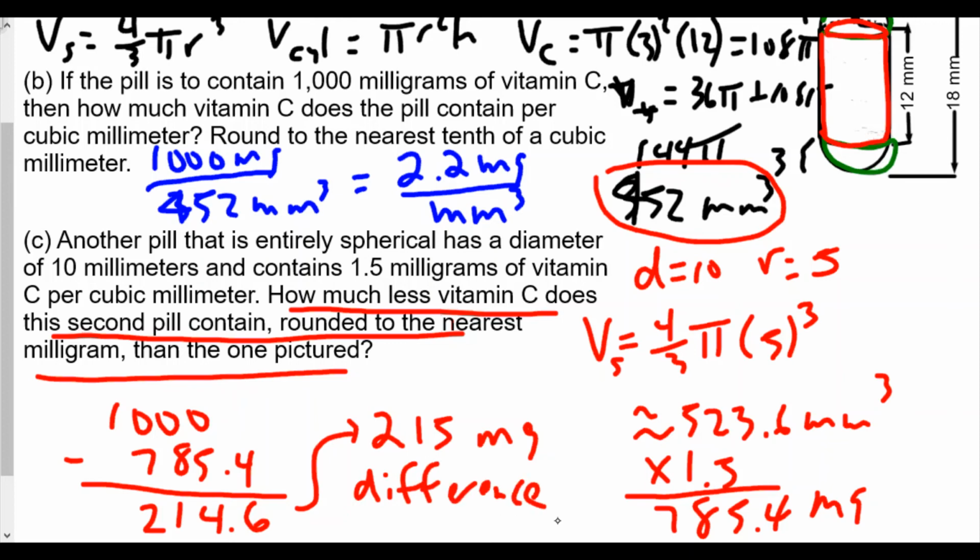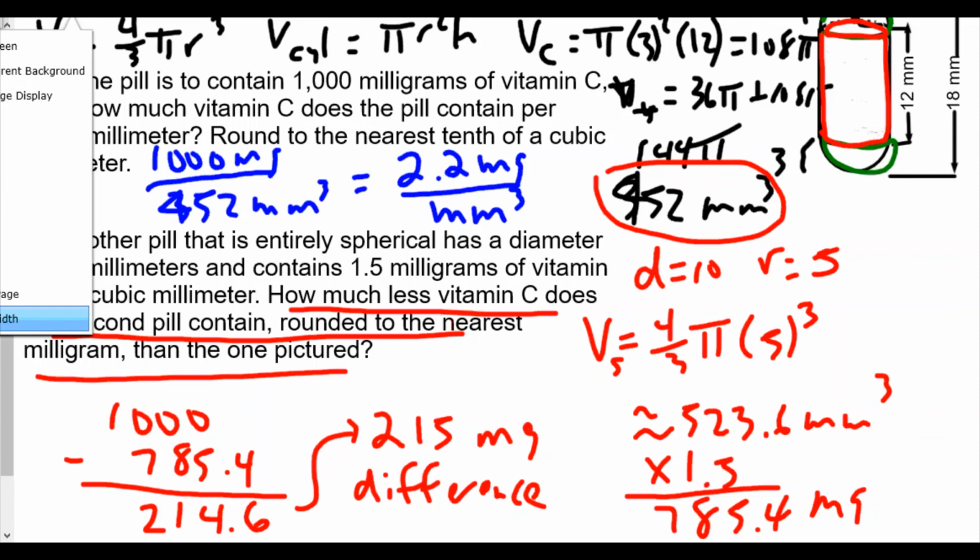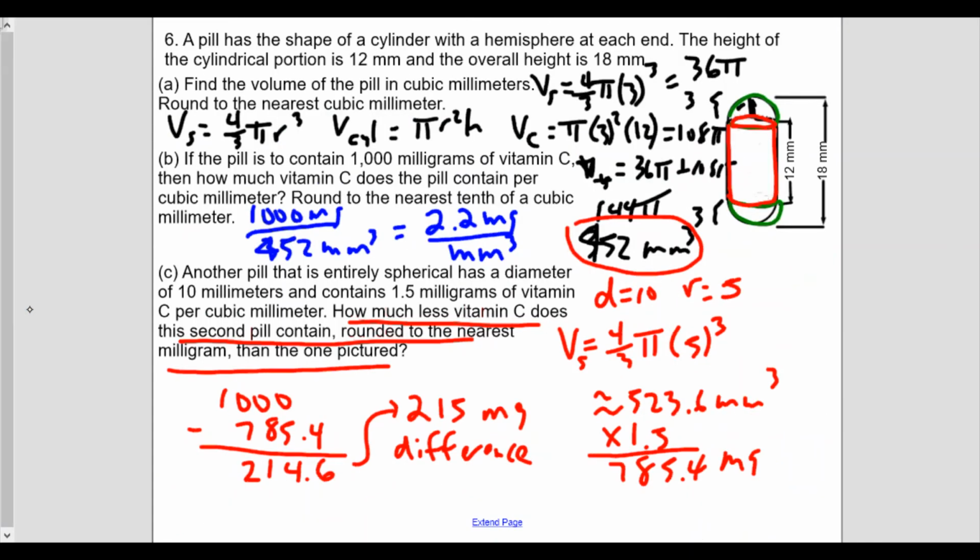Okay? All right, so we have in this case, altogether, this is a pretty serious problem. We had to figure out what the radius was by just taking the difference of the total height from the height of the cylinder, because that total height would now become our total diameter for our sphere, or the two hemispheres.